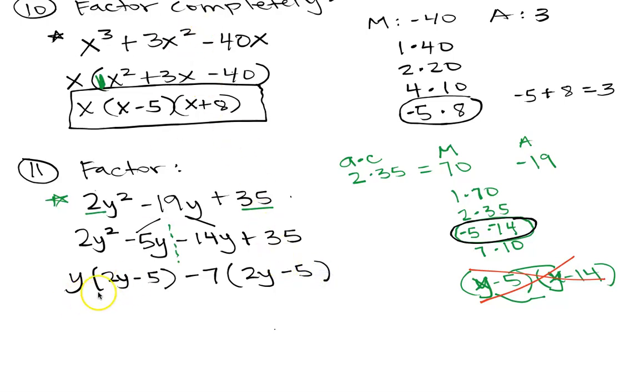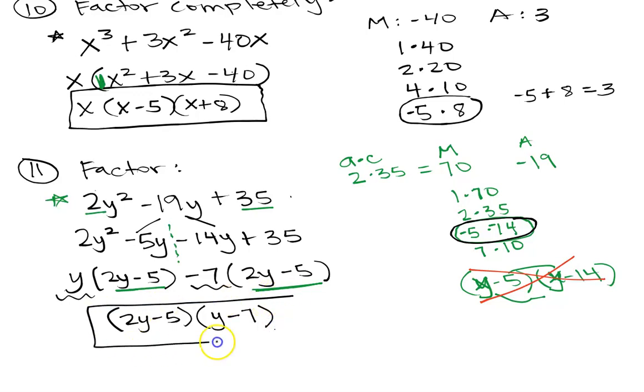I can see I've got the same thing inside the parentheses. That becomes my first factor, because I'm factoring out that greatest common factor of 2y minus 5. And then these guys go in the other parenthesis as my leftovers.